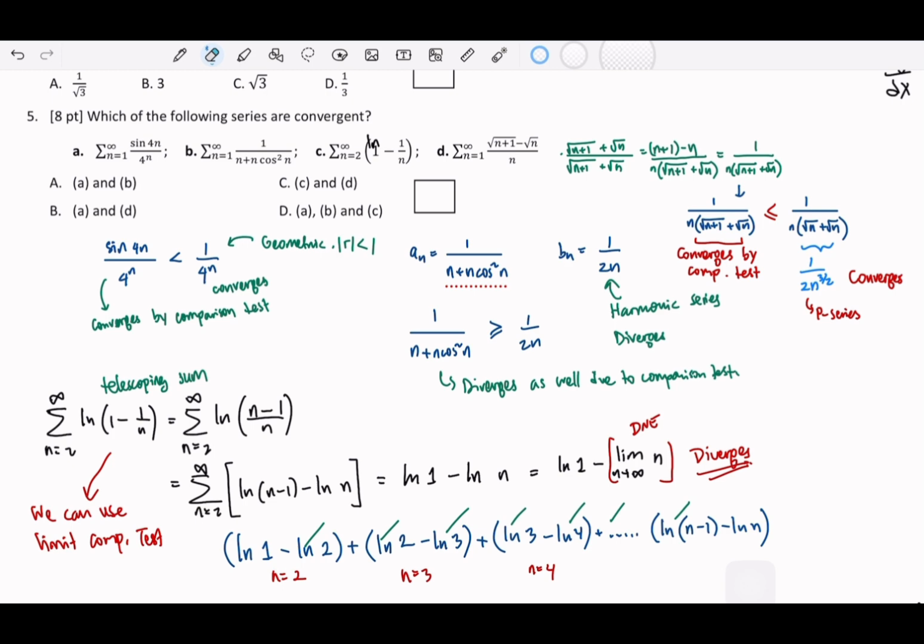Okay, 1 over n, and using L'Hopital's rule in the process. I think the same as we did last Tuesday.